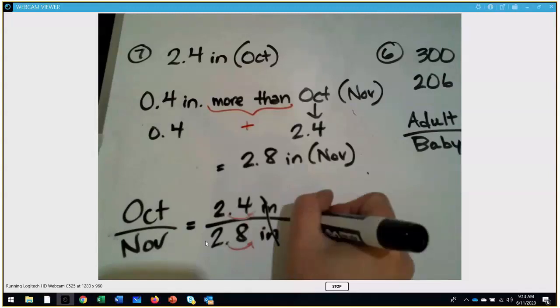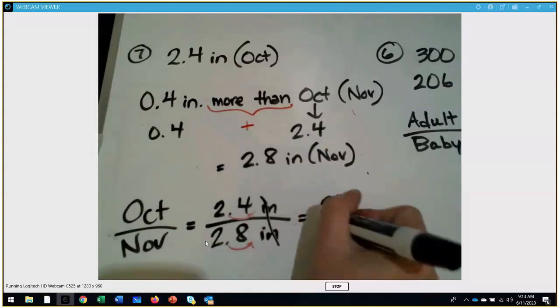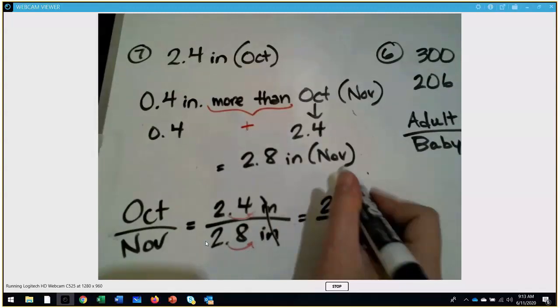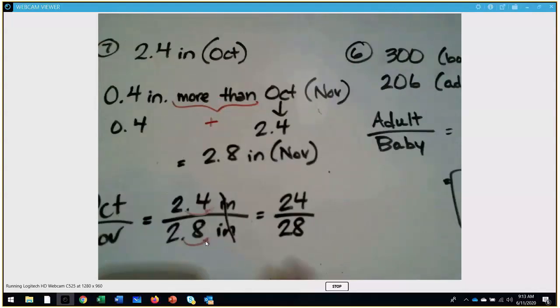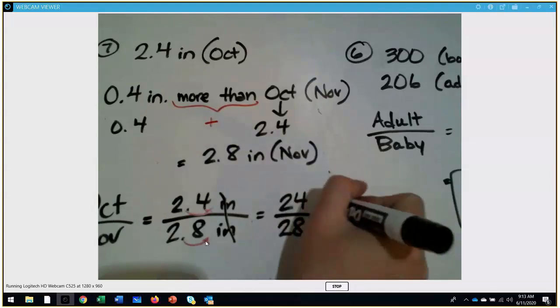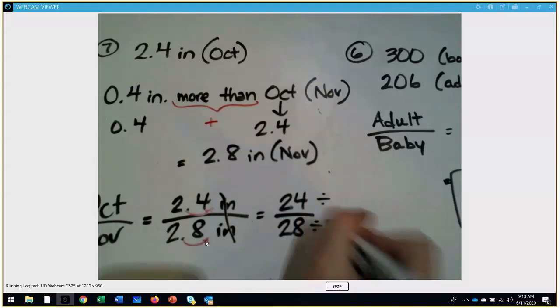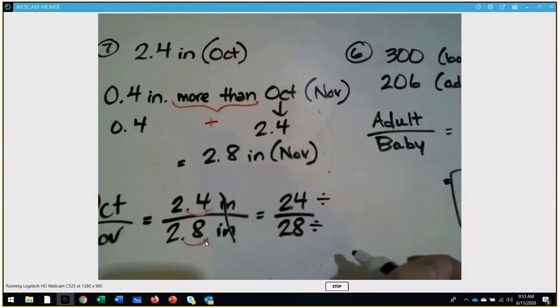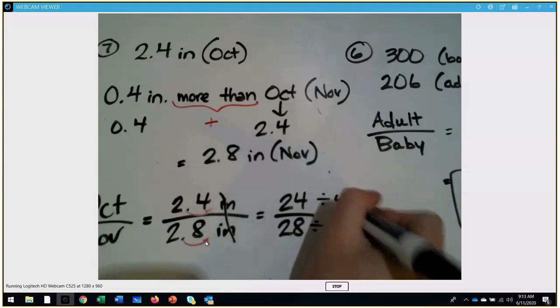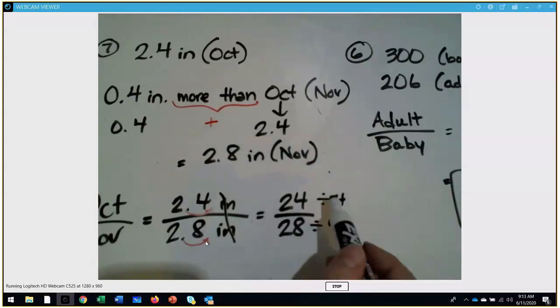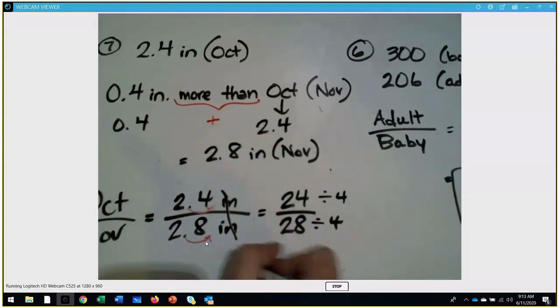So now it's going to be 24 and 28. And then the last step is to just simplify. So we need something we can divide these both by. Both divisible by 4. So 24 divided by 4 is 6, and 28 divided by 4 is 7.